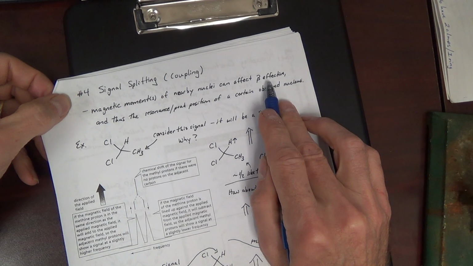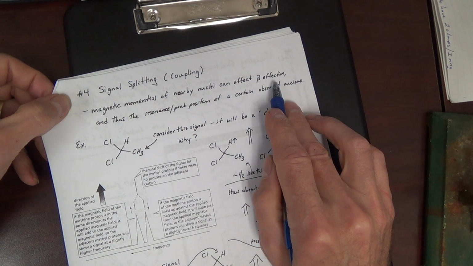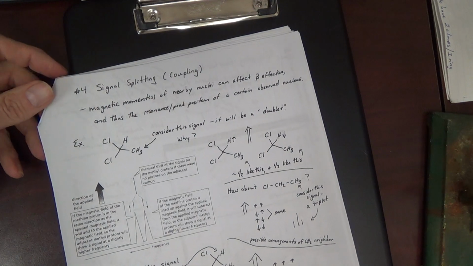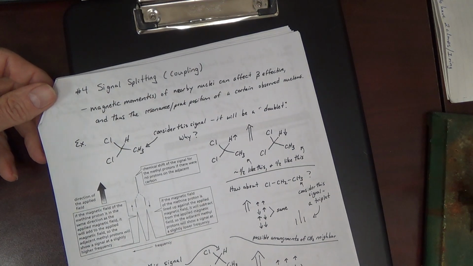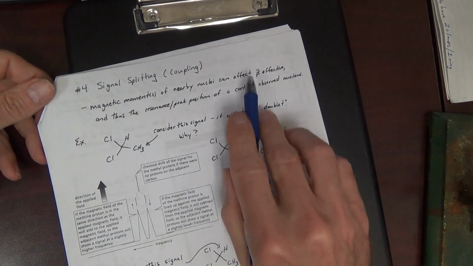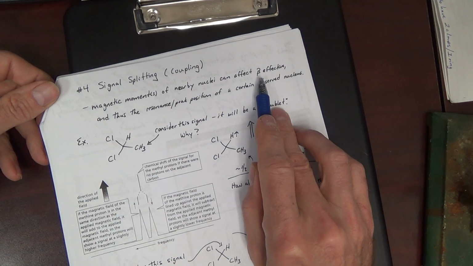The more electron density, the more the nucleus is going to be shielded, and thus the more to the right, or lower ppm value, the signal will appear in the NMR. Okay, we've covered that.